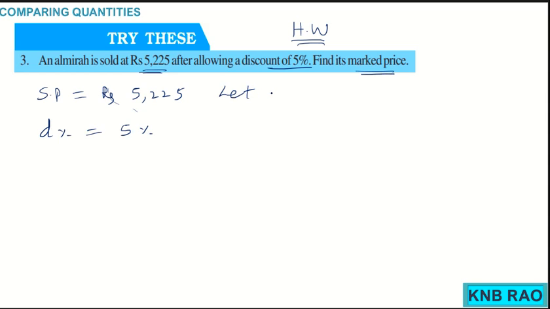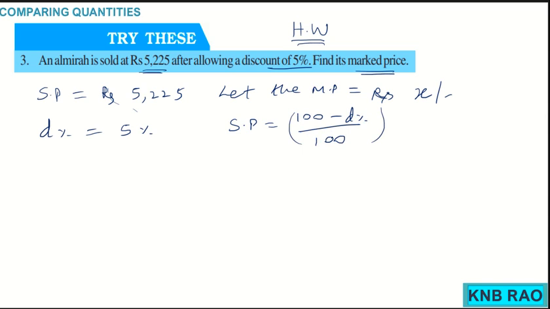So we will assume, let the market price of the almirah be rupees X. Therefore, knowing the formula, SP equals (100 minus discount percentage) by 100 into market price.